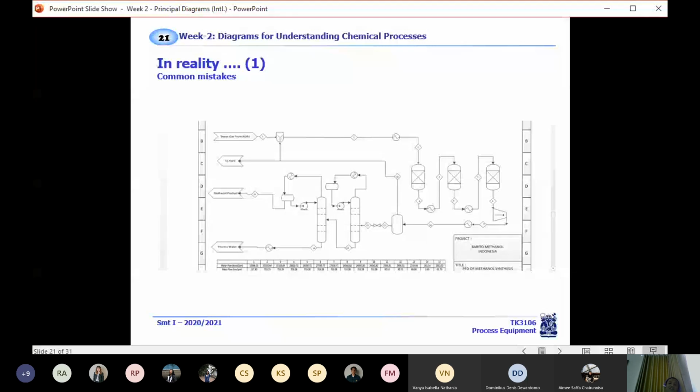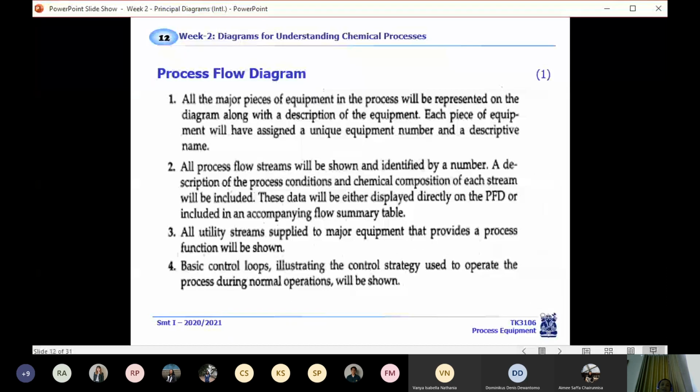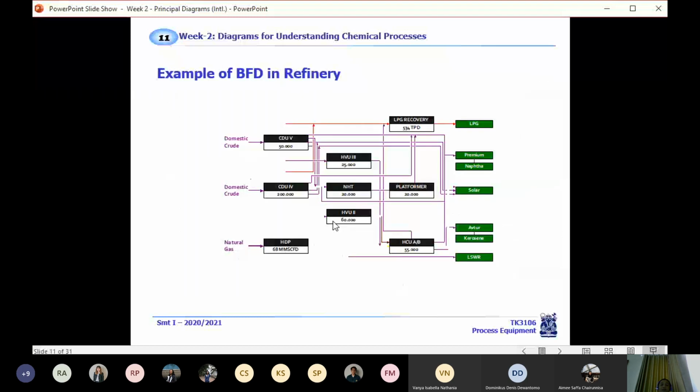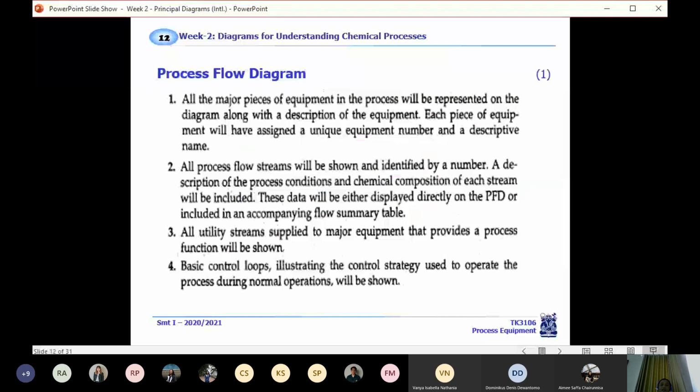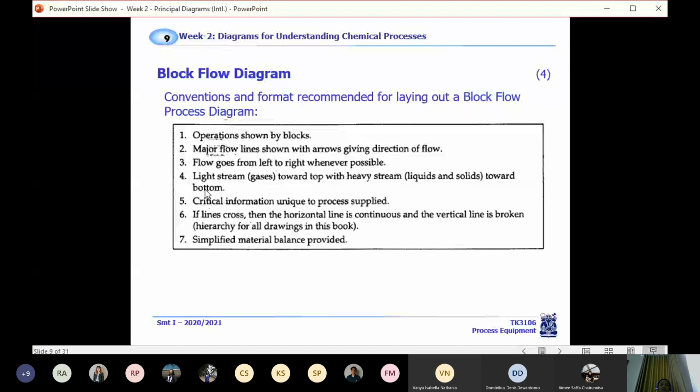When you look at the definition of the PFD, I will go back to the previous slide. This one is the important part of the PFD, number 3: flow goes from the left to the right whenever possible.